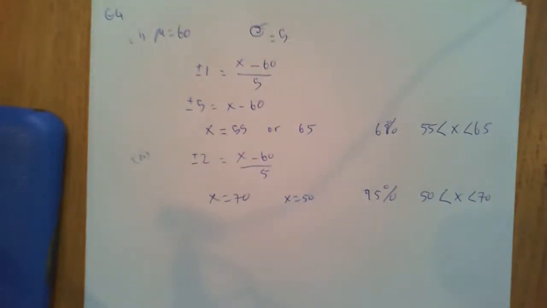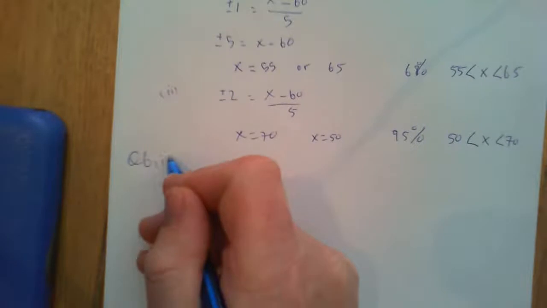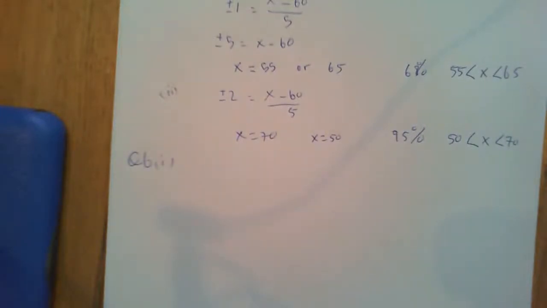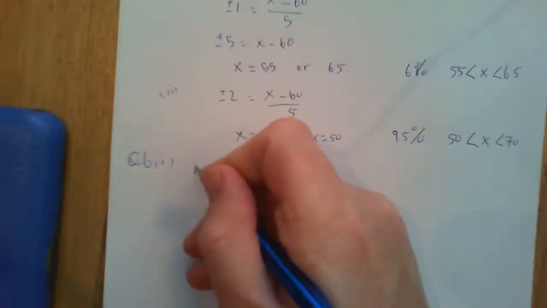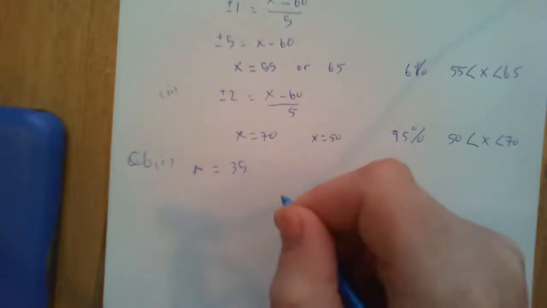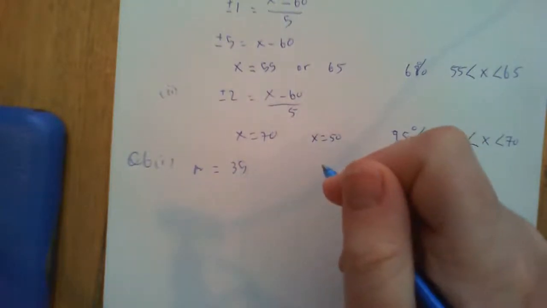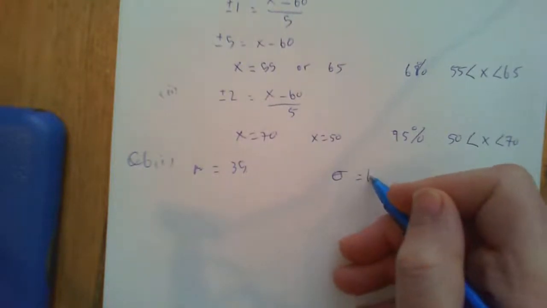So hope that makes sense. Question 6 was the next one. Question 6 is a little bit more involved. The mean time it takes a factory worker to get to work is a mu of 35 minutes. The times can be modeled by a normal distribution with a standard deviation of 6 minutes.